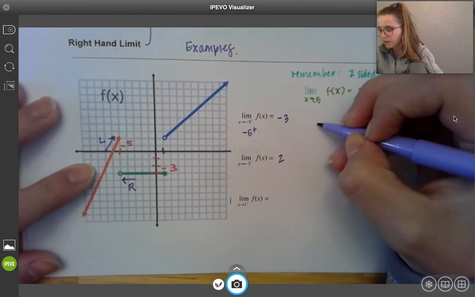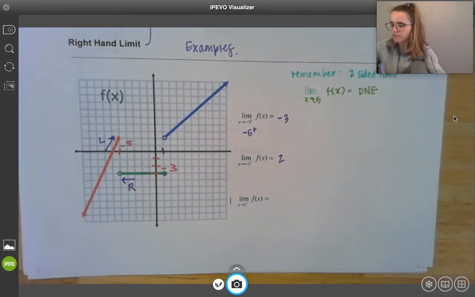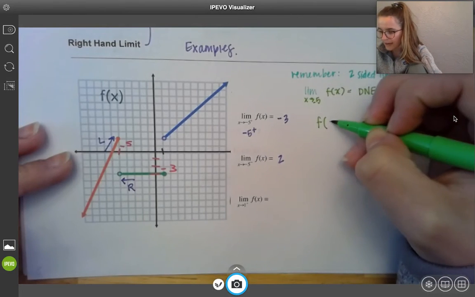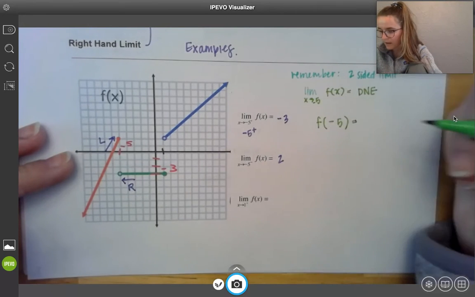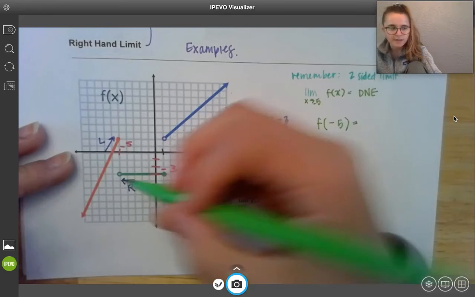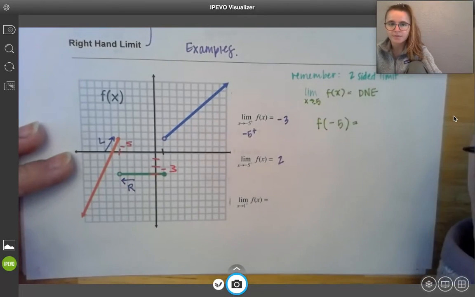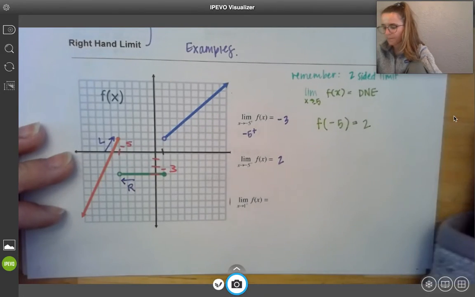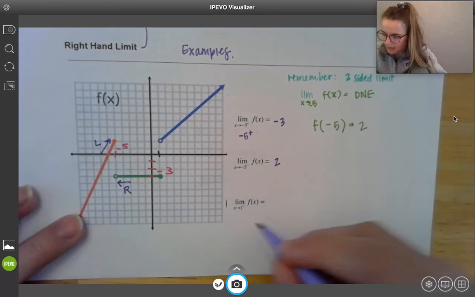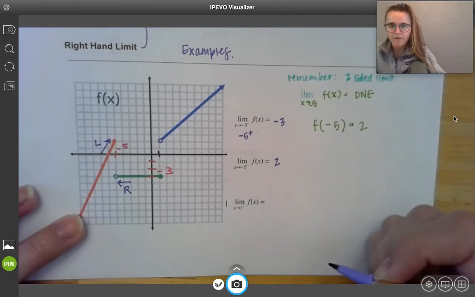Because if we were to look at the value of f of -5, that would be right here because it's a filled in circle. And here it's open, so it jumps up. So that value would be 2. All right, then we want to look at the limit as x approaches 1 from the right.